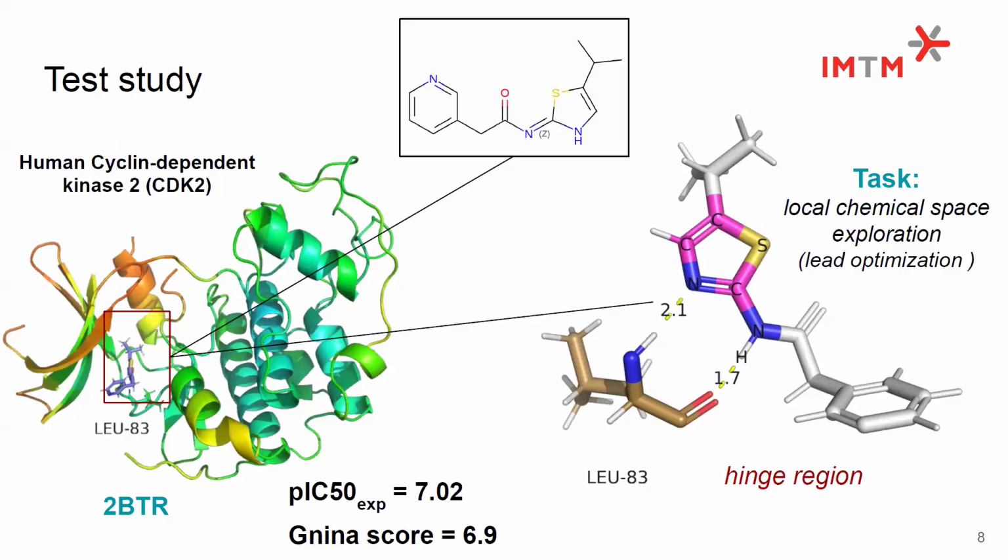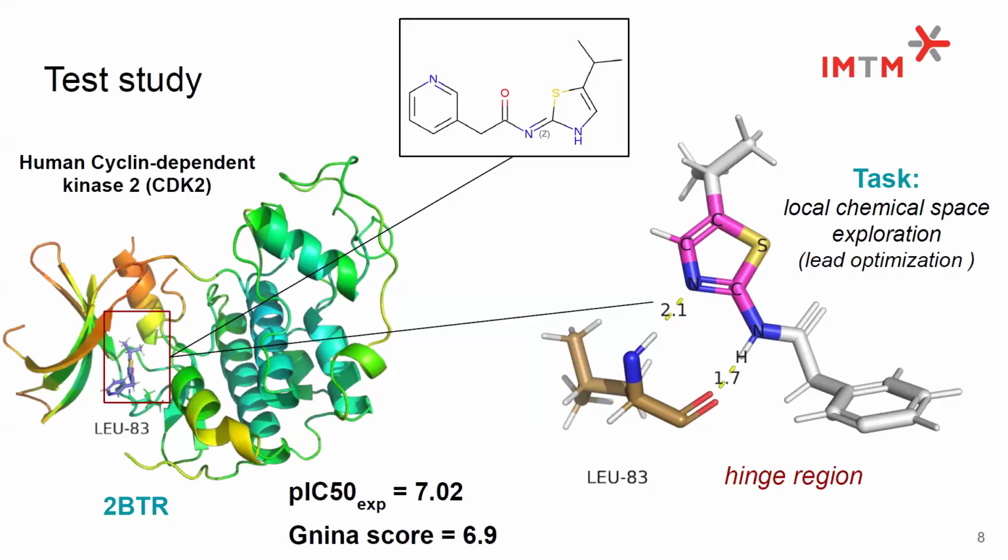To validate our approach, we used the CDK2 target, and we decided to run a local chemical space exploration task, or lead optimization. As a seed molecule, we used a co-crystallized ligand, a CDK2 inhibitor with 100 nanomolar activity.